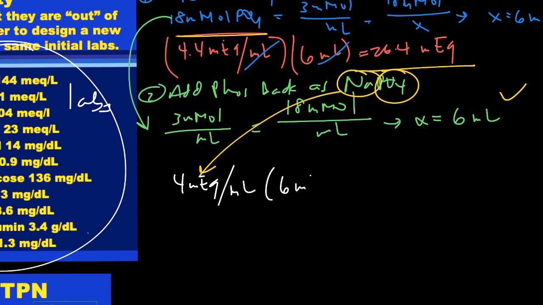You have 6 milliliters. Units cancel. That gives you 24 milliequivalents. So now you have 24 milliequivalents of sodium you gain back from adding sodium phosphate.